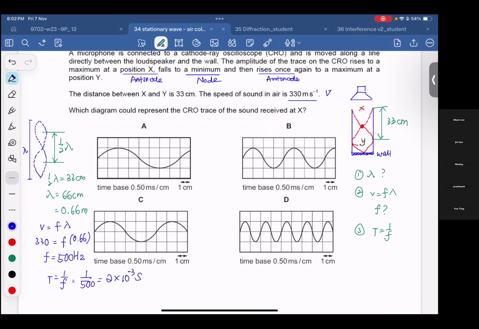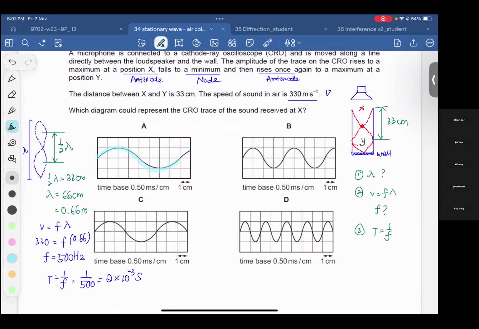Then, one complete wave means what? Here, this is one complete wave. You see 1 cm, every 1 cm is 0.5 millisecond. So here, how many? 1, 2, 3, 4, 5, 6, 7, 8. Oh, okay, this one is wrong here. Wait, let me erase. Okay, one complete wave should be like this.